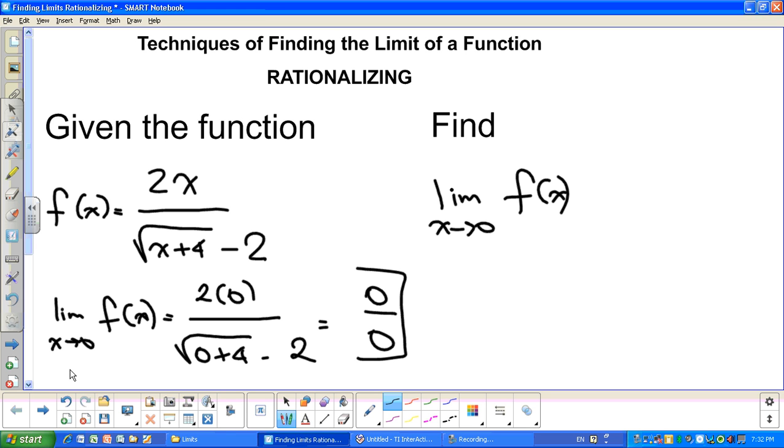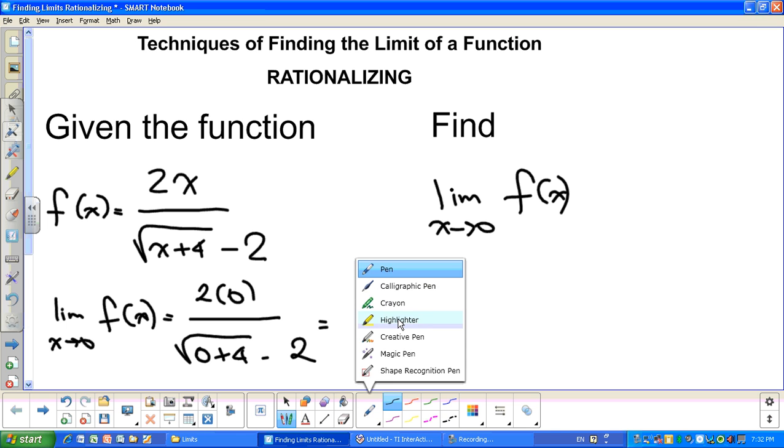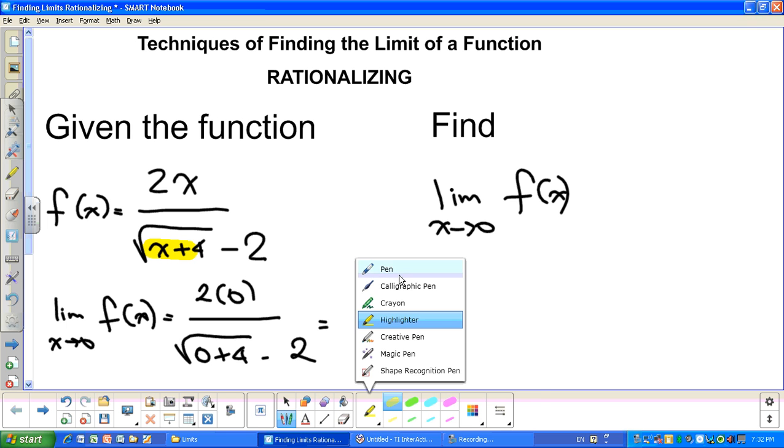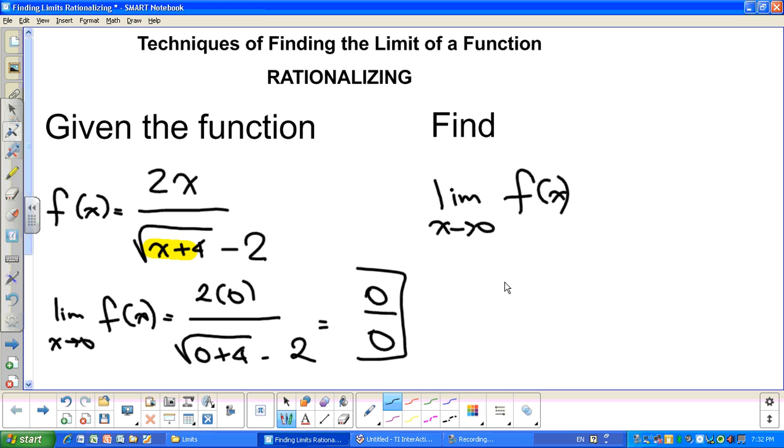Again, I will be looking at the graph of this function that I graphed using technology, which I advise you to do as well. Please notice that because I have the expression x plus 4 under the radical sign, and whatever is under the radical sign must be positive, x plus 4 must be greater than 0, which means x is greater than negative 4.